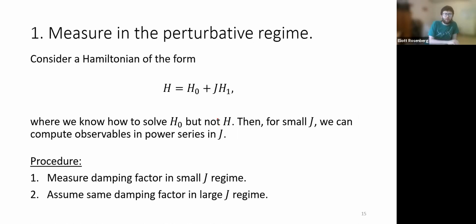So let me talk about method 1 here. This was kind of mentioned in a larger paper by the Google team. And the idea is, suppose that what you're trying to simulate is a Hamiltonian that has a perturbative regime, but you're also interested in studying it outside of the perturbative regime.